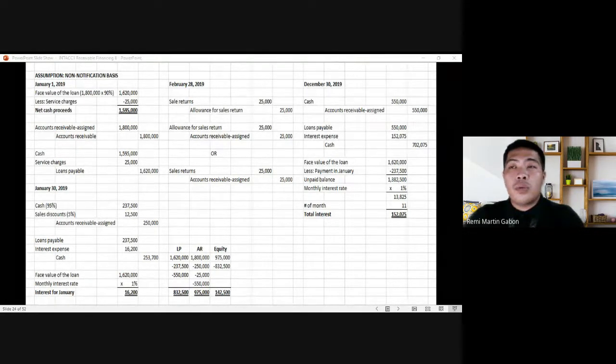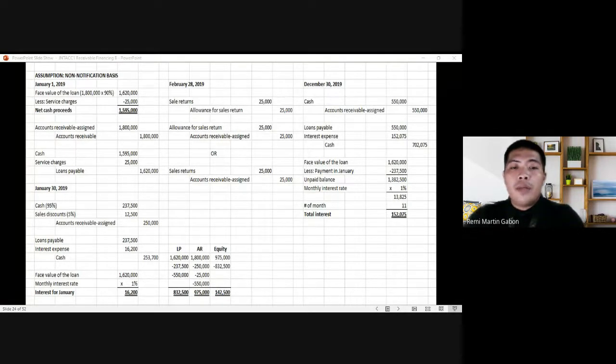Cash debited 237,500, sales discount 12,500, and accounts receivable - assigned 250,000. Then we took effect the payment of the loan by debiting loans payable, debiting interest expense, and crediting cash.